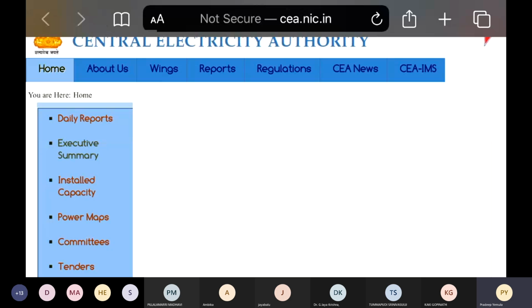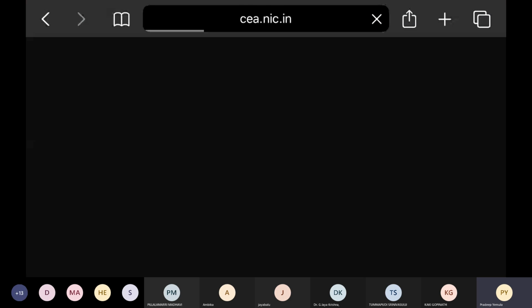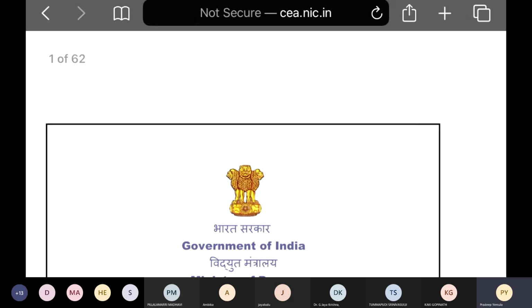Apparently the October month is still not available, but September is available. So I'll open the September executive summary. Here you will find authentic information from the Government of India Ministry of Power CEA executive summary on the power sector. This is a very useful resource.